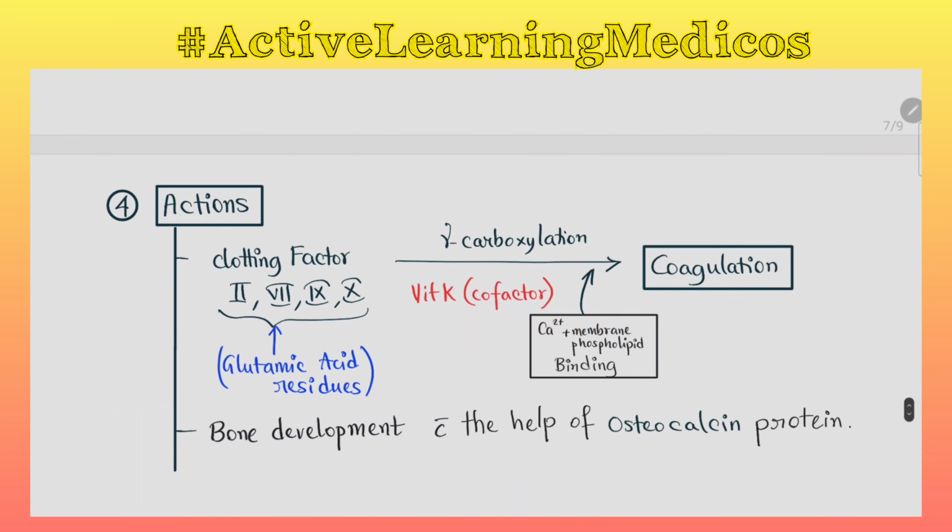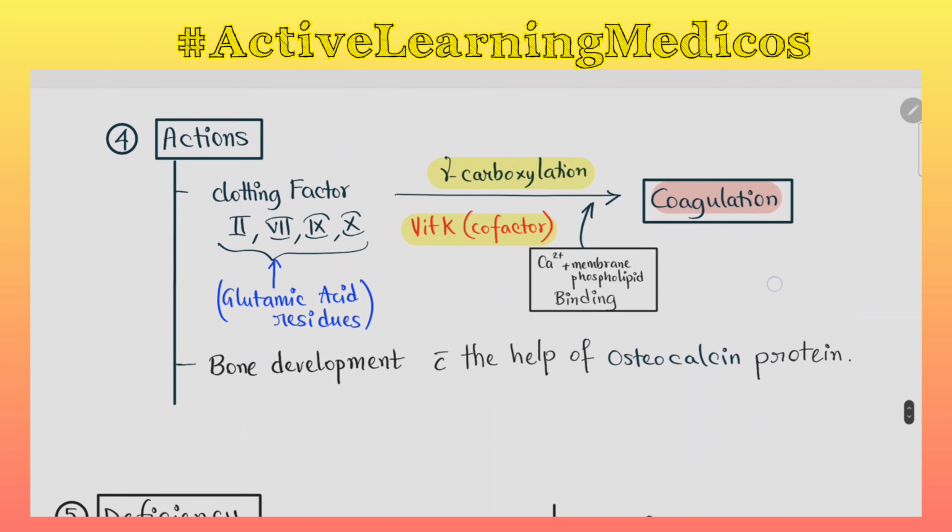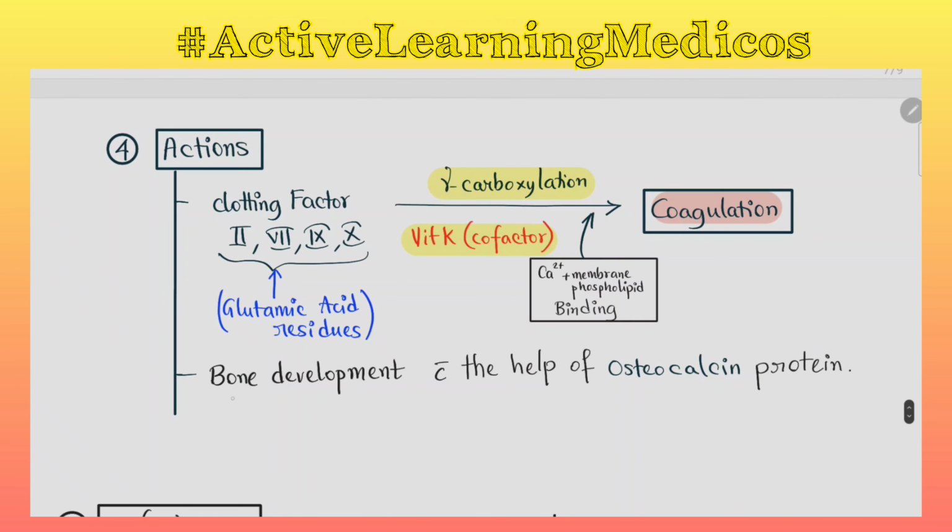So basically, to summarize, the action of vitamin K is as a cofactor in the gamma carboxylation of inactivated clotting factors 2, 7, 9 and 10, which ultimately helps in calcium and membrane phospholipid binding, which cause the coagulation. Also, another action of vitamin K is in bone development along with the help of the osteocalcin protein. It's a protein which helps in the development of the bone.